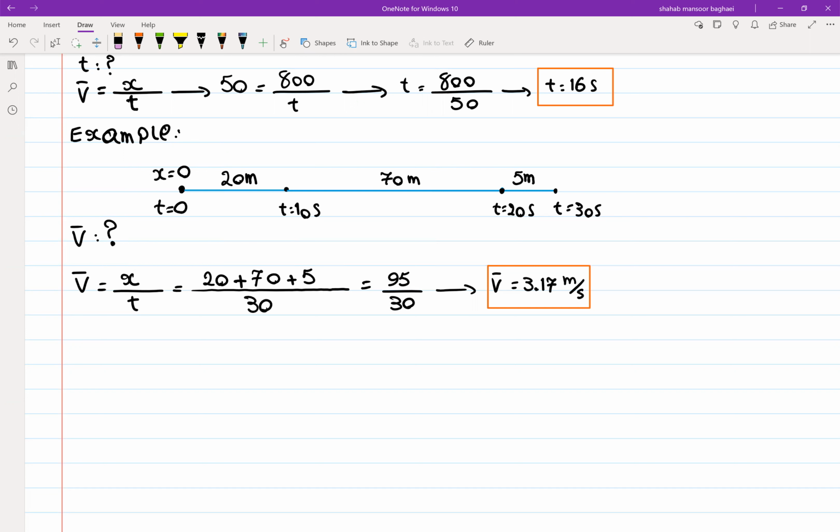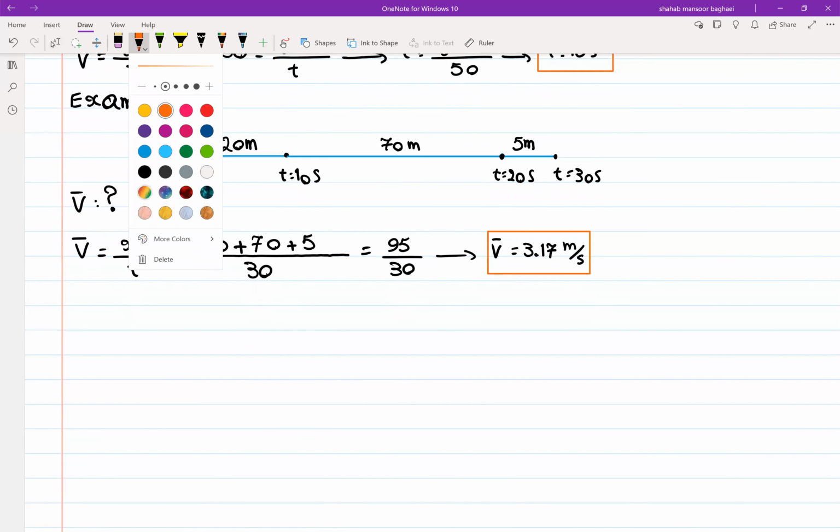Consequently, it's very important and very necessary in order to talk about motion and describe motion. Of course, it's so important. Okay.